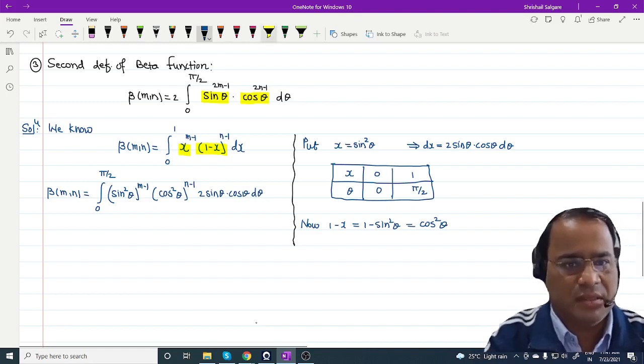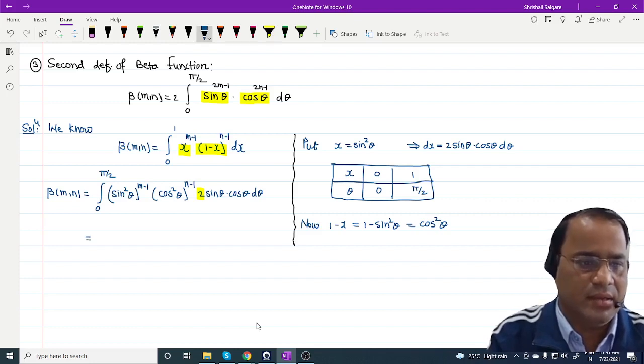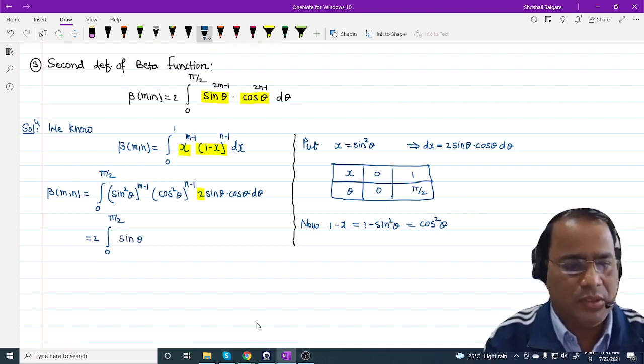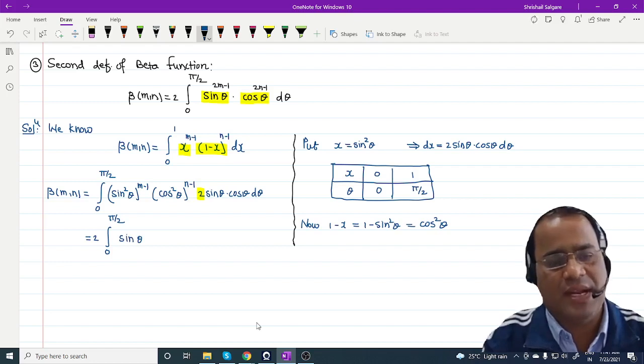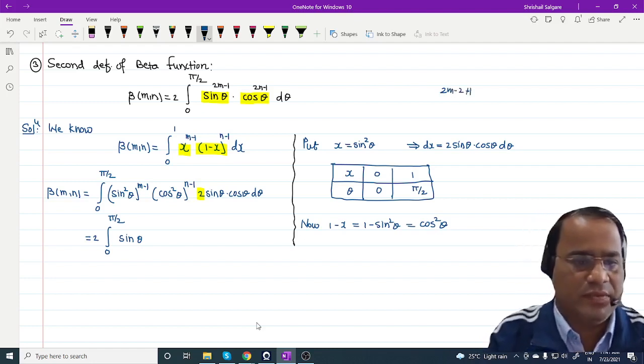So from this, the next step is the required answer. This 2 I will take outside the integral. This is 2 times the integral from 0 to pi by 2. So tell me the sine theta effective power. Here you have 2m minus 2 plus 1, which is 2m minus 1.